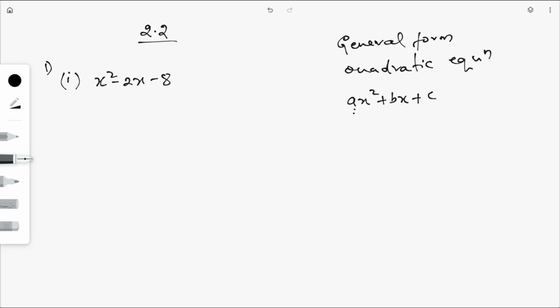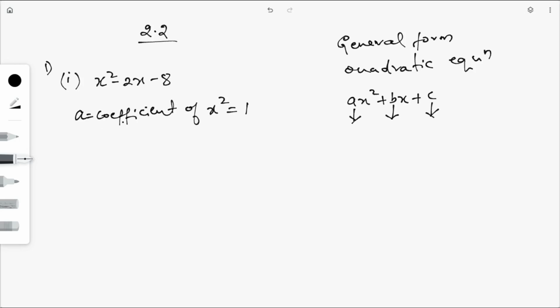So here what is a? A is the coefficient of x square, b is the coefficient of x, and c is our constant. Fine. So if you compare this given equation with this general form, in this case a, that is the coefficient of x square, is 1.